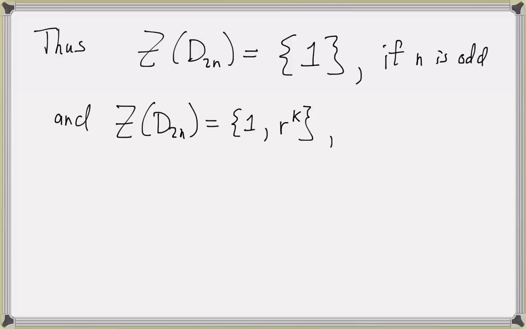And this works only if n is even. So if n equals 2k, then the rotation r to the power k will commute with every other element of D2n.